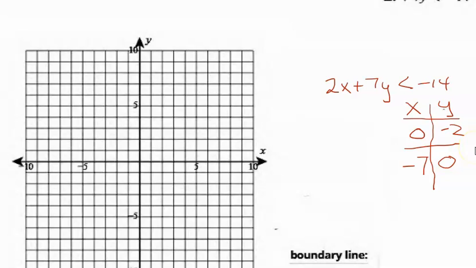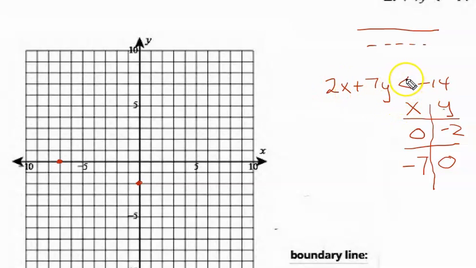So 0, -2. 0, -2 is right there. And -7, 0 is right there. Now, the next thing we have to decide is, are we using a solid line or a dotted line to mark our boundary of this inequality?